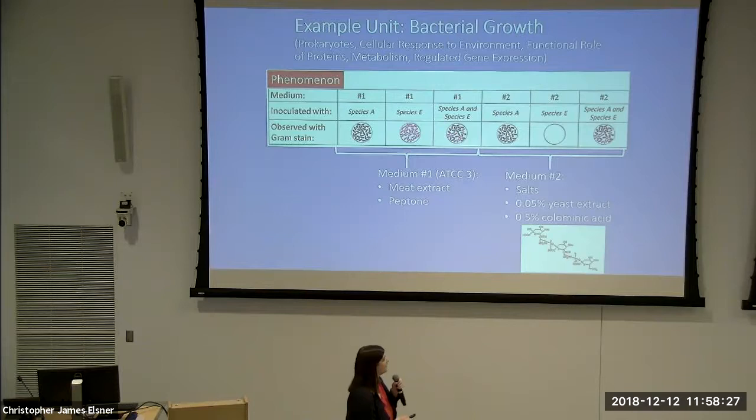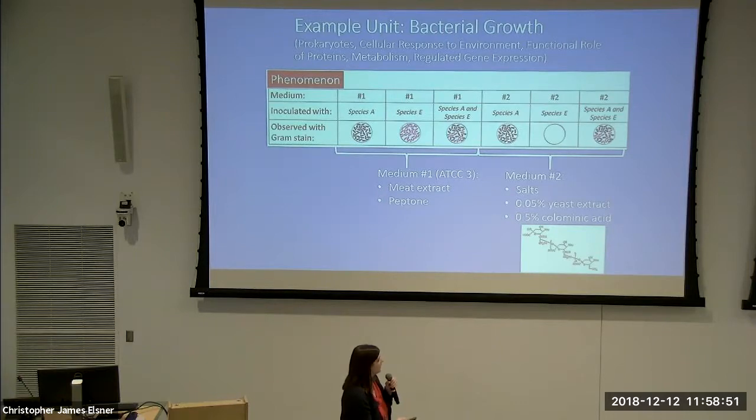What they observe is that in a media called number 1 here, a rich media that grows everything, species A and species E can each individually grow, and if you put them both together, they can also both reproduce and grow together. We also have a media number 2 that is a sparer media, so there are fewer things to help things grow in there.